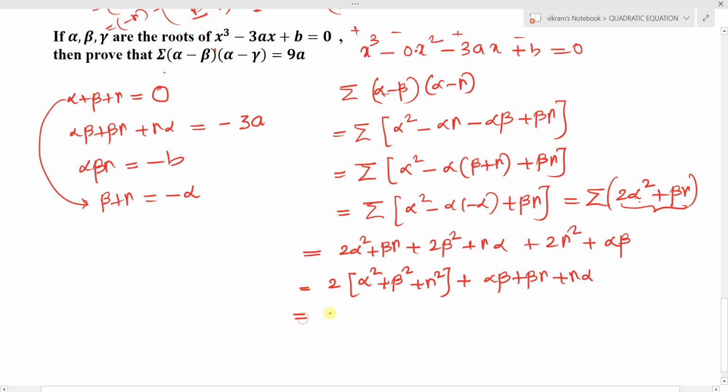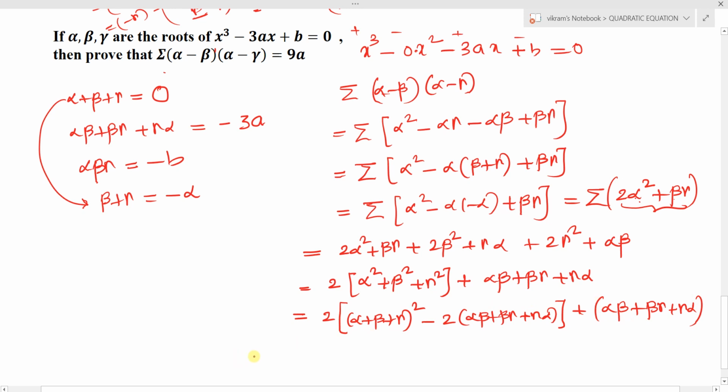Okay, next one, a square plus b square plus c square can be written as a plus b plus c whole square minus 2 times ab plus bc plus ca. That means in terms of ours, a is alpha, b is beta. Now next again we have alpha beta plus beta gamma plus gamma alpha.